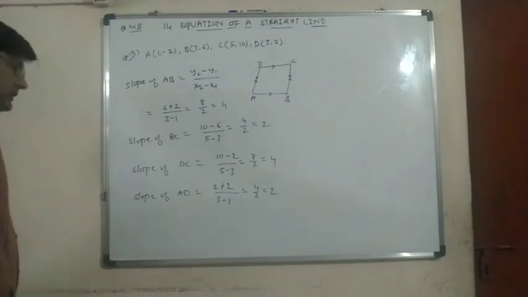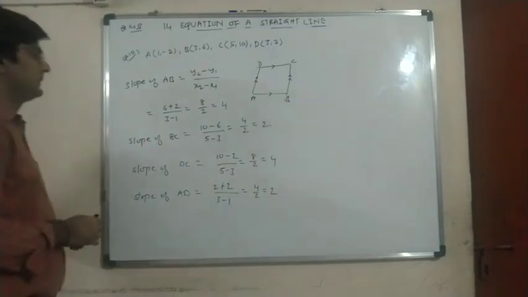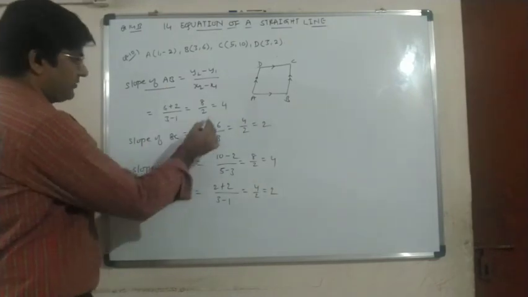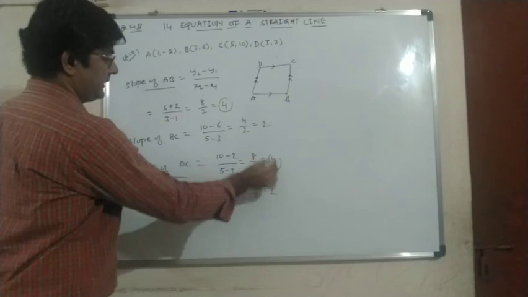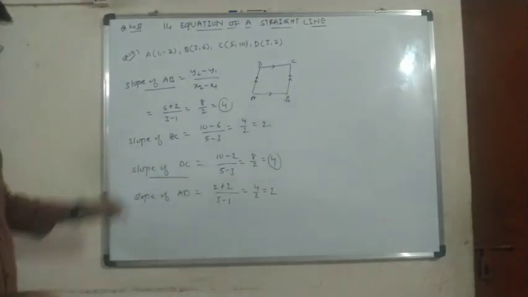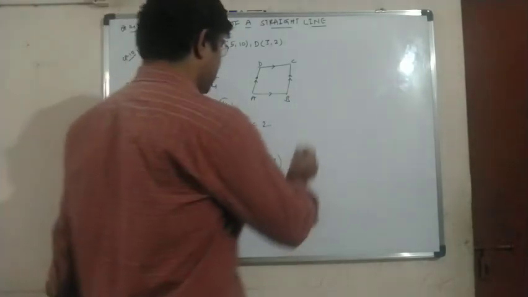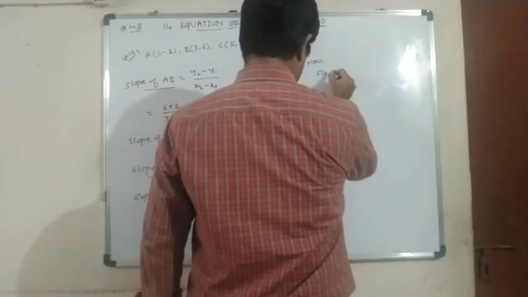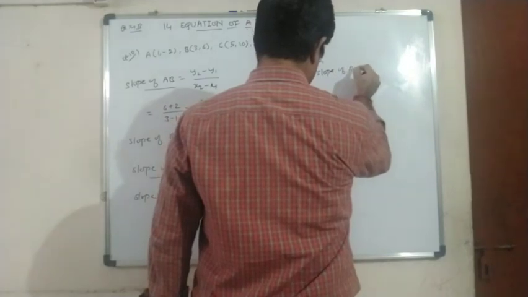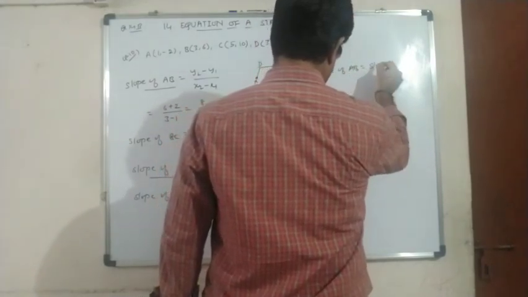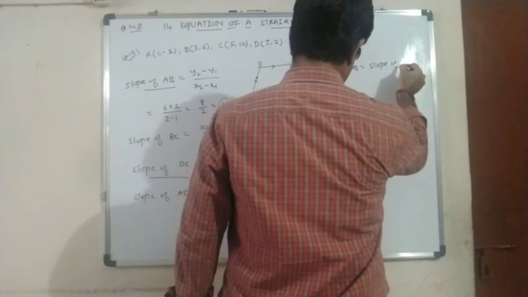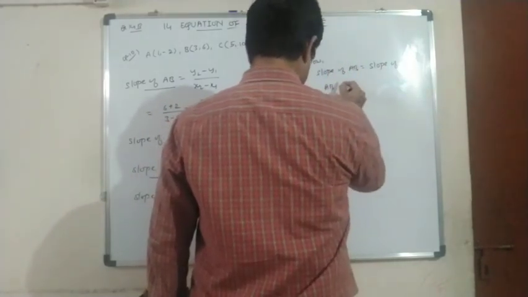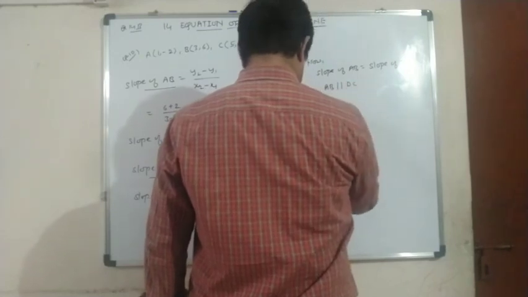Okay, now you will notice that slope of AB, yes or no, is equal to slope of DC. Value of both is 4 only, and therefore we can say that AB is parallel to DC. Okay, so now we will write down that slope of AB is equal to slope of DC, and therefore AB is parallel to DC.